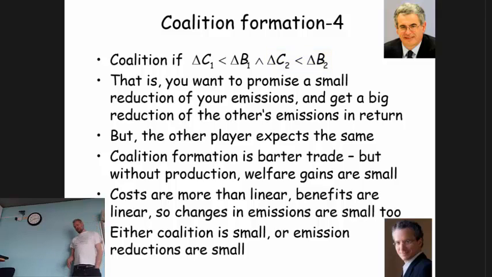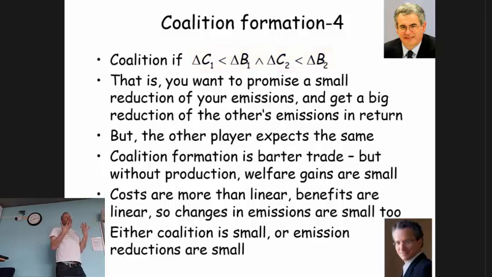We both hope to do a little bit extra so that the other will do a lot more. You see what is going on here, right? It is hard to meet both conditions simultaneously. The negotiation space is pretty small. This is for a 2-player coalition.